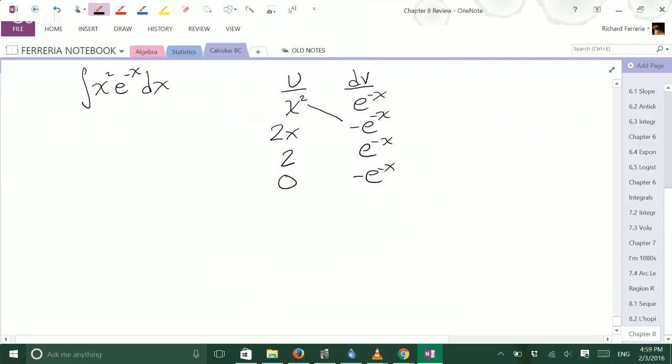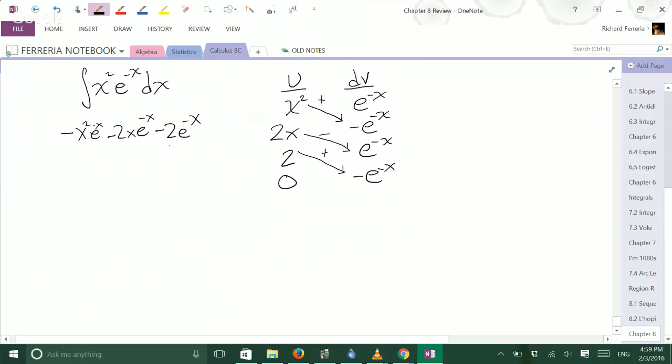Let's put it together. We get negative x squared e to the negative x, minus 2x e to the negative x, minus 2e to the negative x.